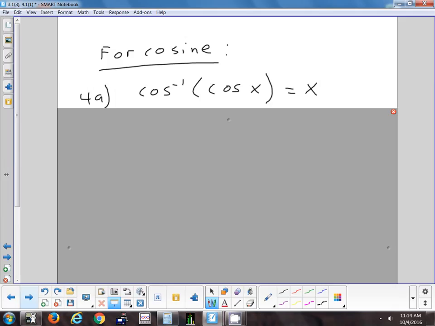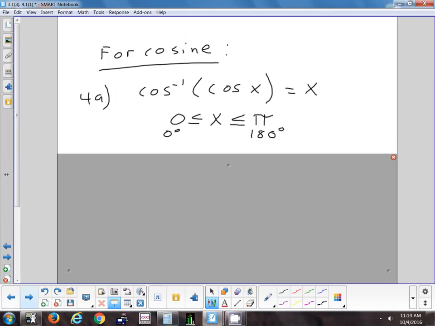Was it 0 and 180? Yeah. So we're seeing some of these same numbers we saw yesterday pop up again today. Okay, so this one, basically inverse cosine and regular cosine cancel. And your answer will be whatever you type in right here, as long as you pick a number between 0 and 180. Or between 0 and pi.